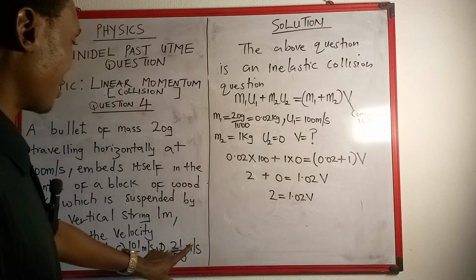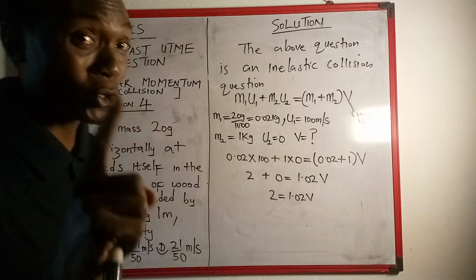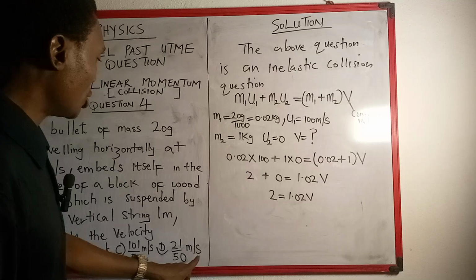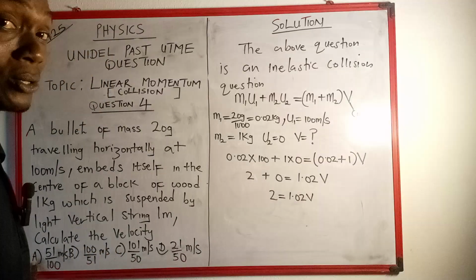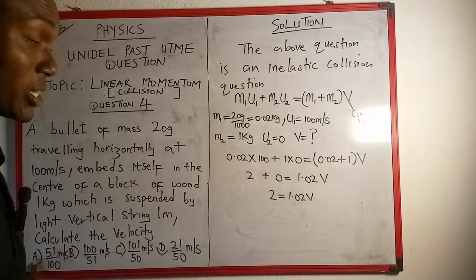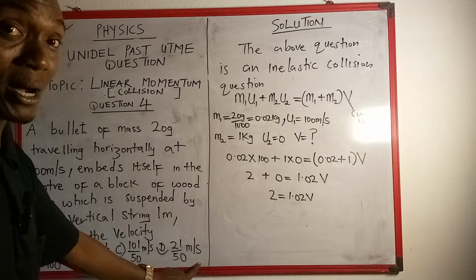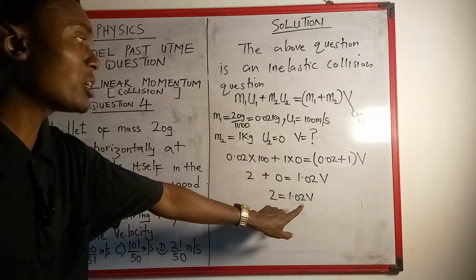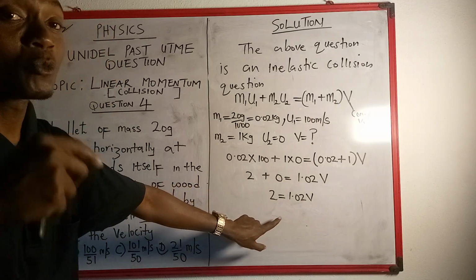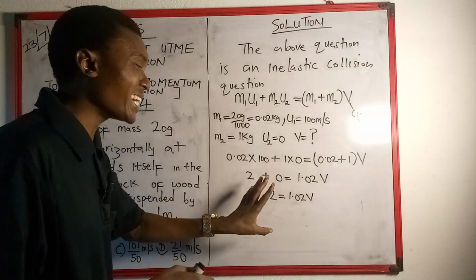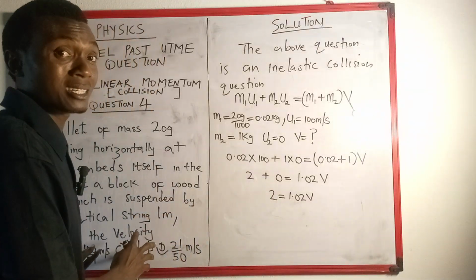Now, if you go back after solving, you look as if we are not really getting the answer. But if you are smart enough, you know that the options are in fraction form. So definitely, what you're going to solve has to be in fraction form or format for you to get the particular answer.